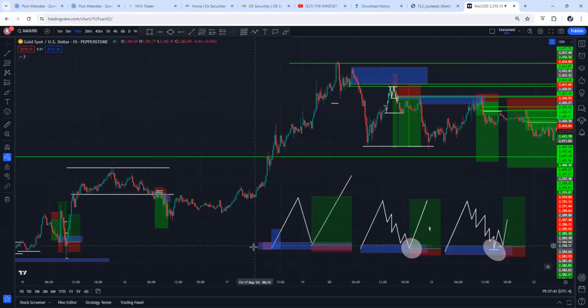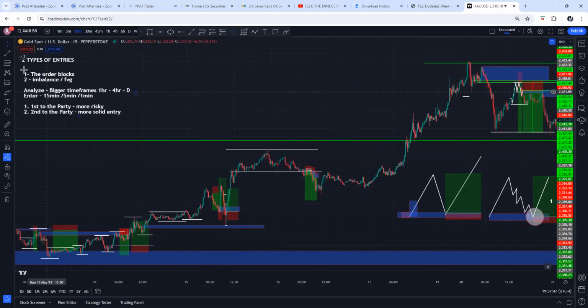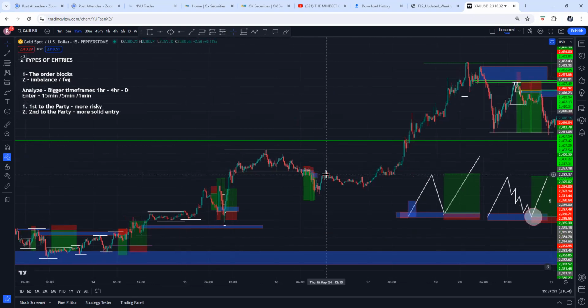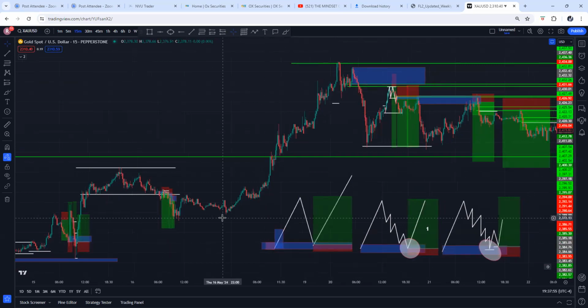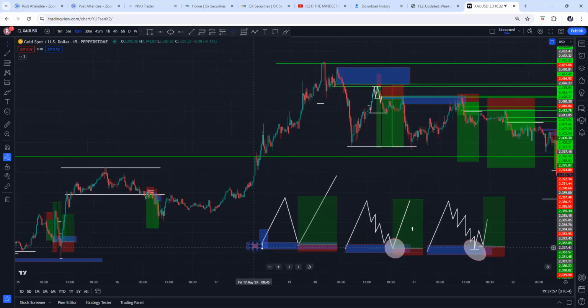So we're talking about entry model one, entering from an order block. What is the order block? An order block is the candle that is created before an engulfing candle.